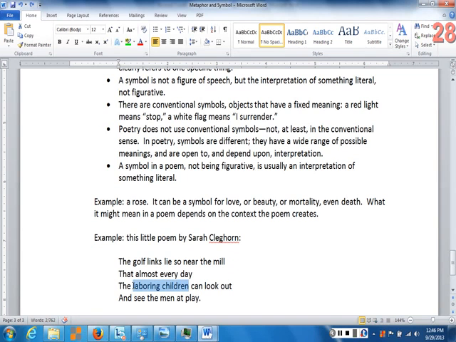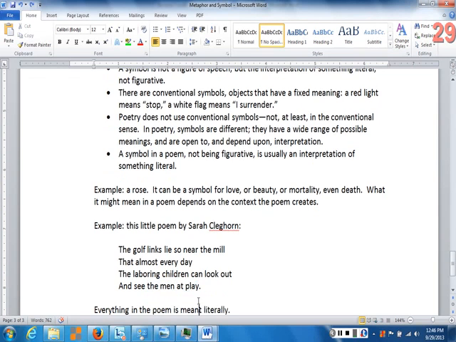Laboring children are not a metaphor for anything. The golf links are not a metaphor for anything. And there really are men playing golf. The men at play, literal men actually playing golf, not a metaphor, not a figure of speech.